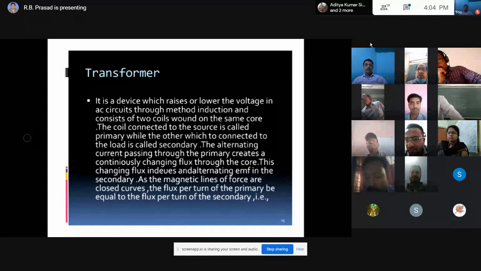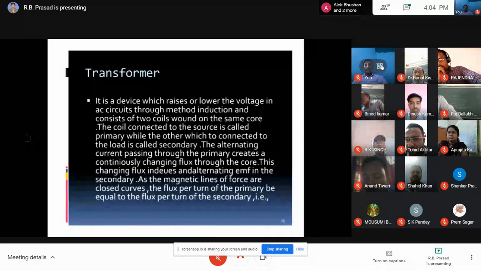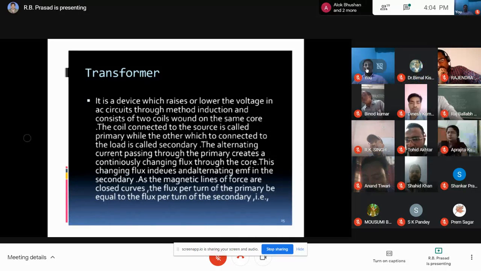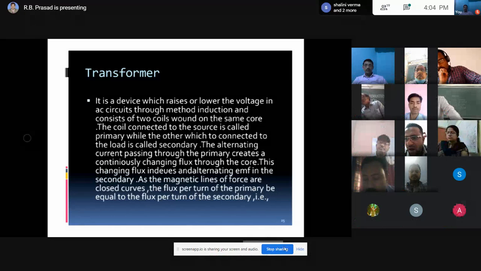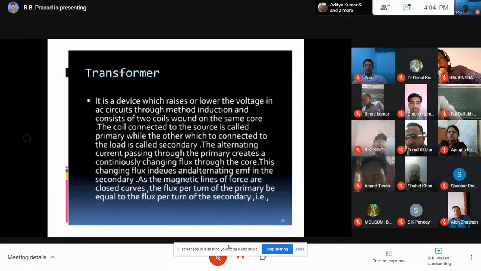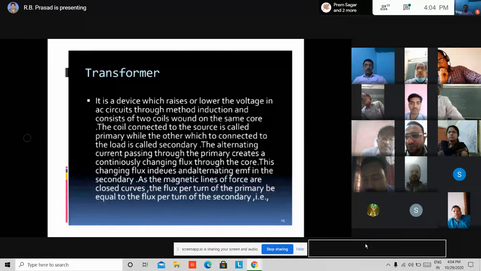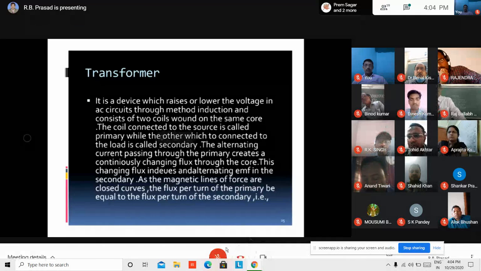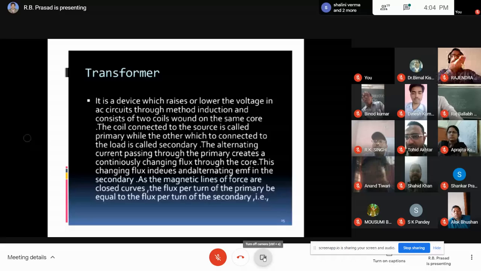Sometimes we need to increase voltage. Voltage means potential difference. When we are increasing the voltage, current will be lowered, and when we are decreasing the voltage, the current will be higher, as the power remains constant.